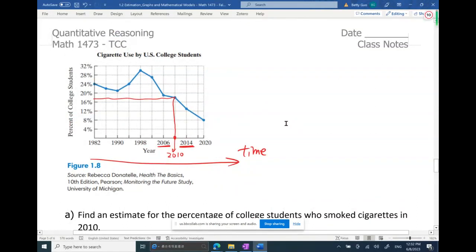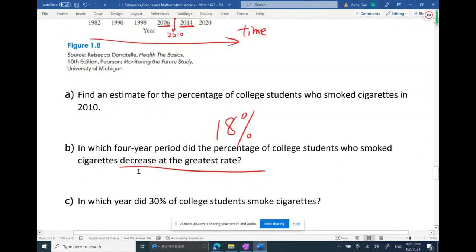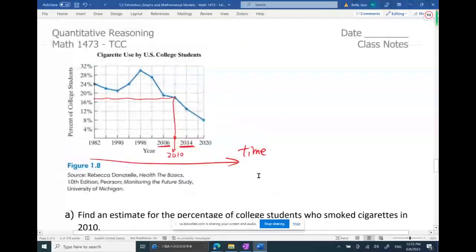Here, when I say slope, I mean with absolute value, okay? Sometimes it could go up, so slope is positive. Sometimes it goes down, the slope is negative. And biggest, the greatest rate, decrease at the greatest rate.